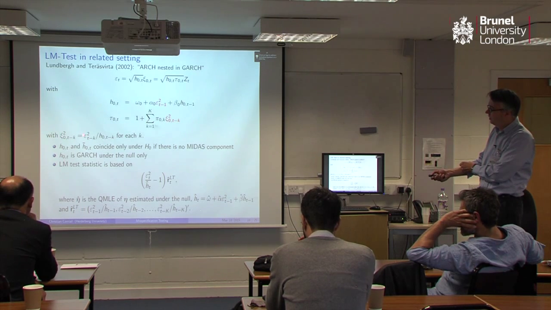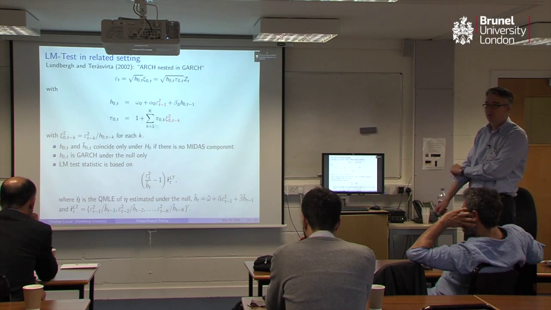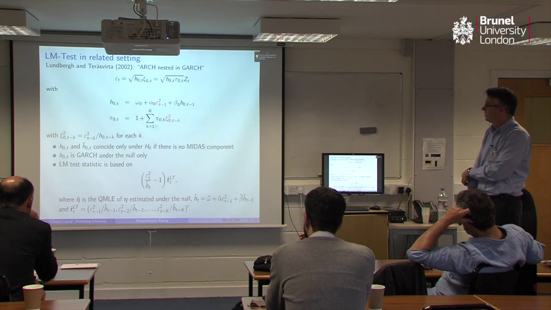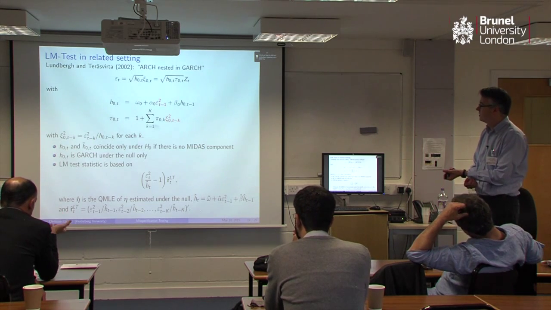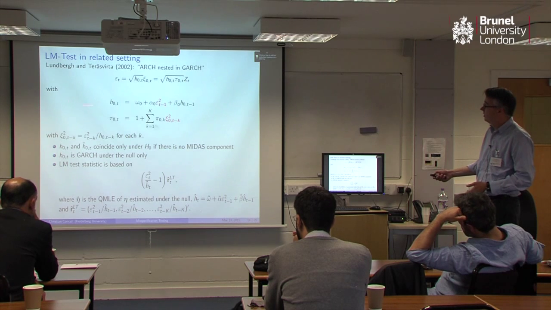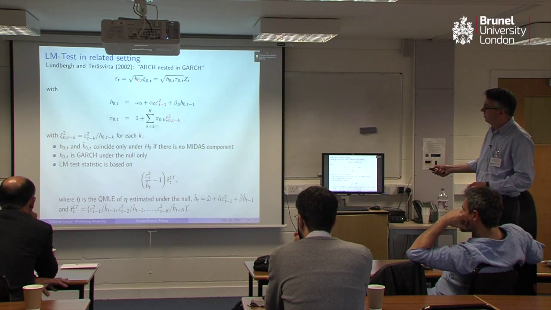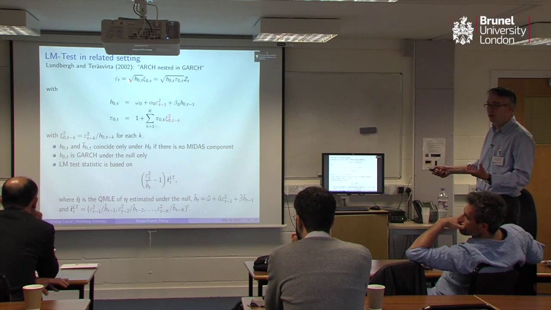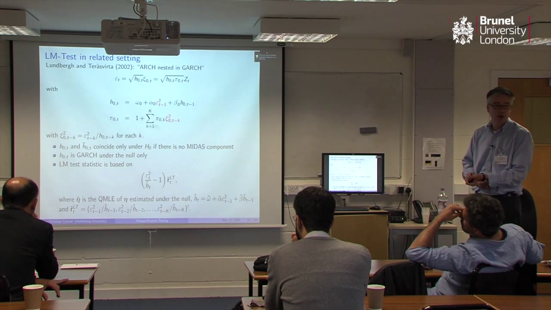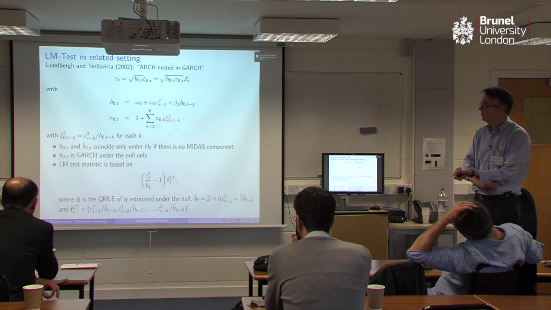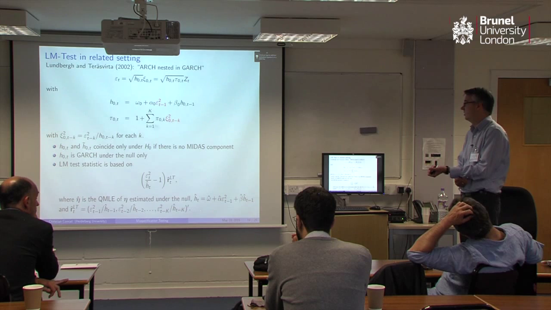And this is the squared epsilon divided by h. So this is just a specific case. And this explains why they call it ARCH nested in GARCH, because if you divide the epsilon by square root h and then square, then the squared xi's, they follow an ARCH process. So you have an ARCH process that is nested in the GARCH.